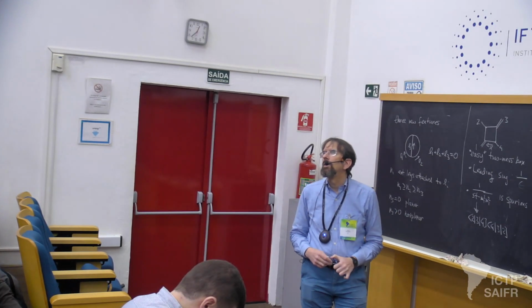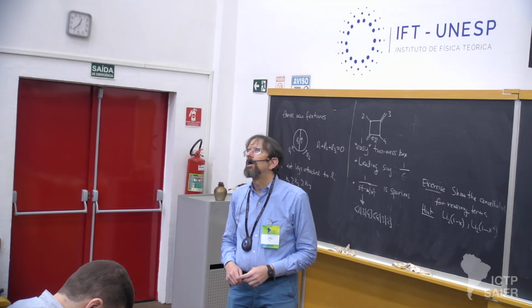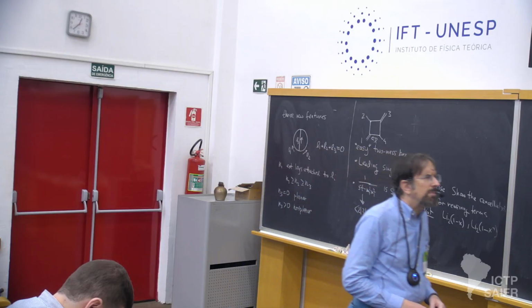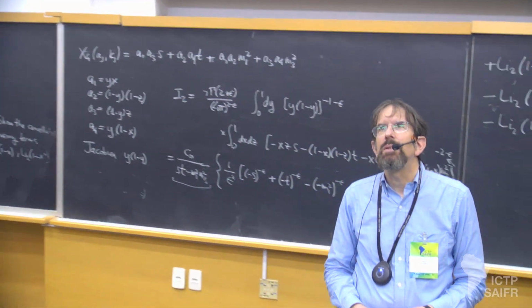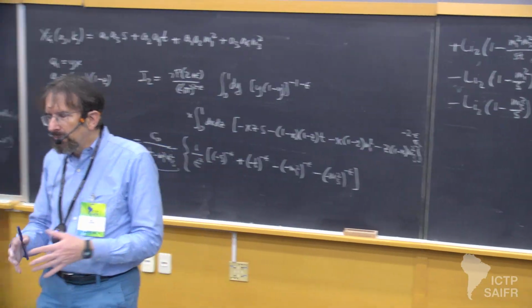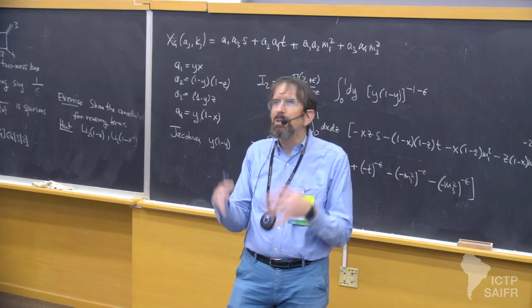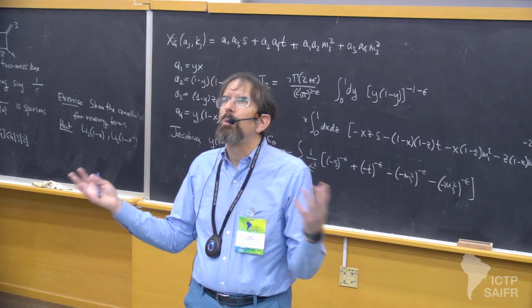So in the Laporta algorithm, this measure of complexity that you have to come up with, is it a heuristic thing, or is it like a hard rule? I don't think there's, first of all, it's not unique. But roughly speaking, if you have more denominators, it's a more complicated integral. If you have more powers, it's a more complicated integral.